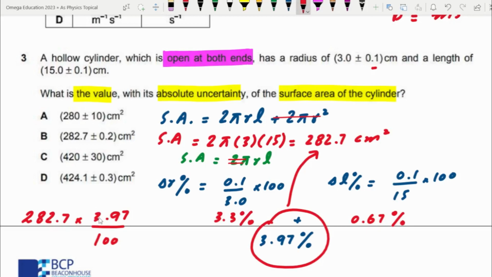We hit it on the calculator and we get 11.2, and in one significant figure you can write it as 10. So the uncertainty is 11, or in 1SF it would be 10. So A would be the right answer for this one, because for the second option, part B, although the principal value is accurate, the uncertainty is not even close to the actual answer.